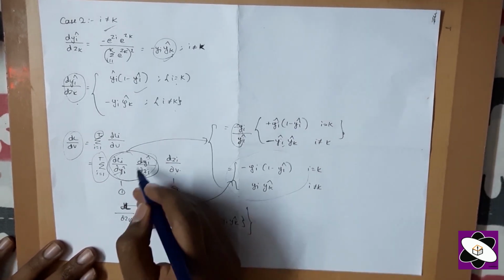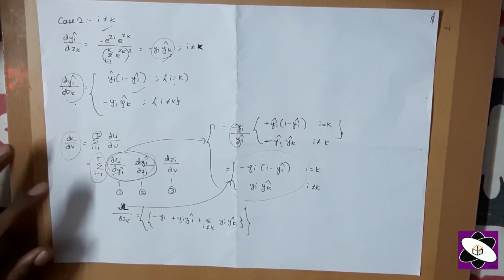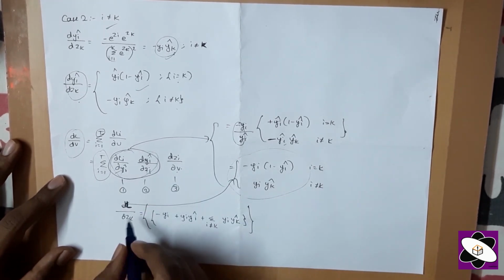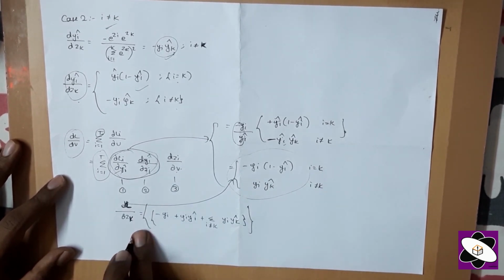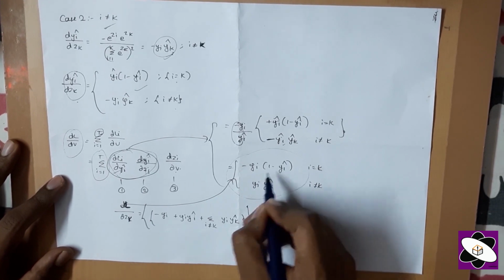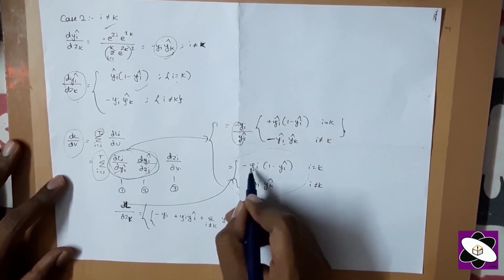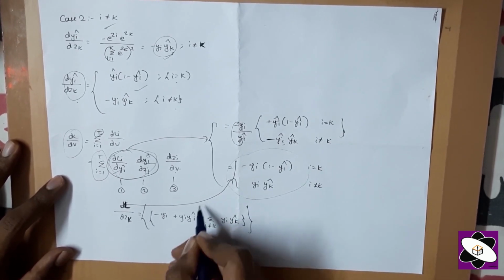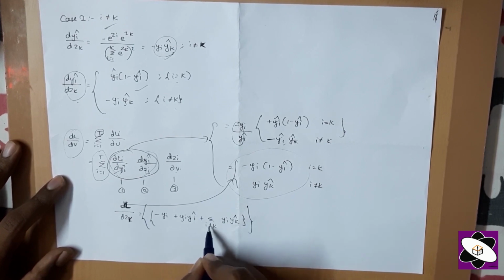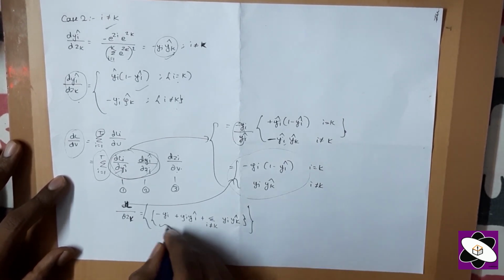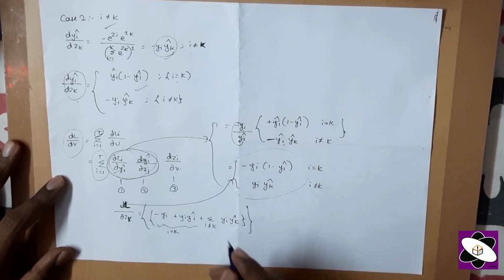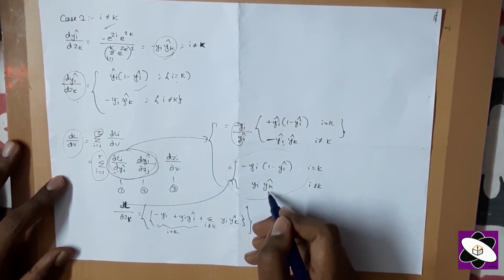So, all in all, what happens is dl by dzk is equal to yi minus yi, minus minus plus yi hat, plus summation of i not equal to k. This is actually for i equal to k. For all other i's, yi yk hat.